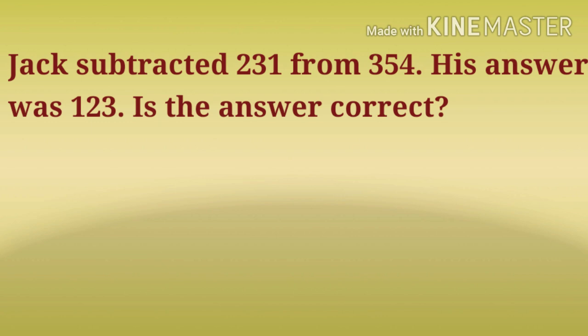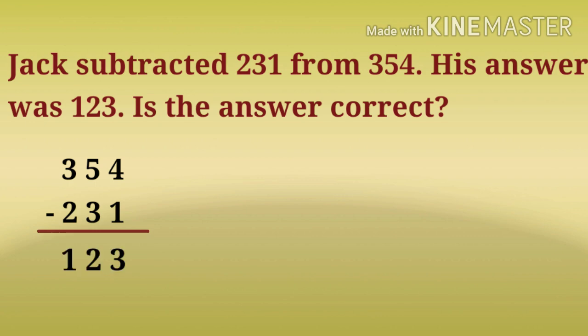Okay, so what was done by Jack? He subtracted 231 from 354. So we can write 354 minus 231 is equal to 123. Then we need to check whether the answer is correct or not. In order to check, first we need to add the difference to the smaller number.